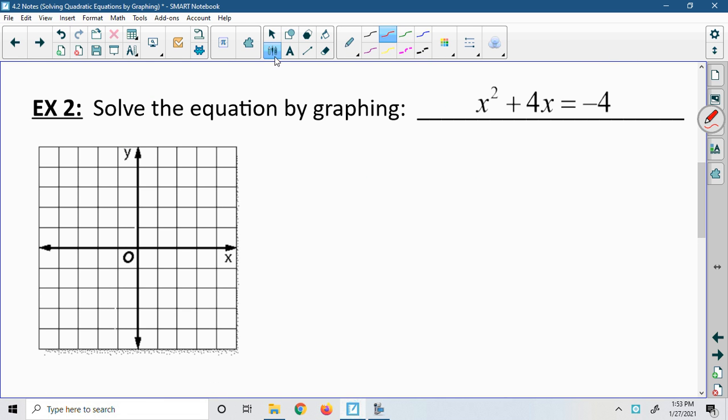Example 2 is pretty similar. x squared plus 4x equals negative 4. First thing we want to do is make that equal to 0.